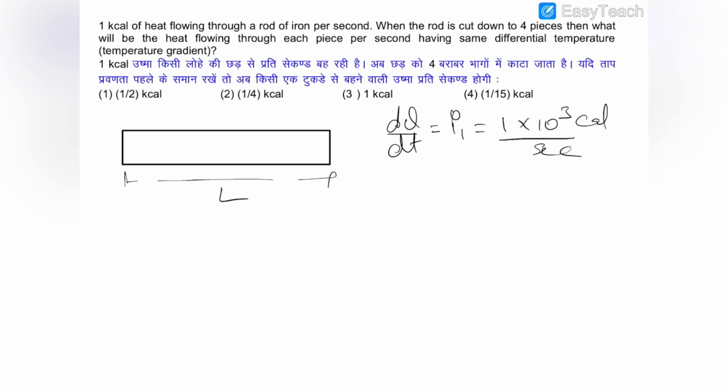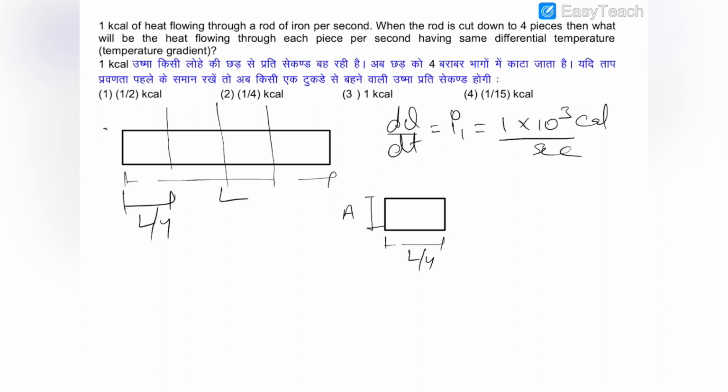Now we have subdivided it into 4 parts. So the length of any one part would be L by 4. So you can see that if we draw a single part, then its length would be L by 4, but its area would remain same and its thermal conductivity will also remain same.